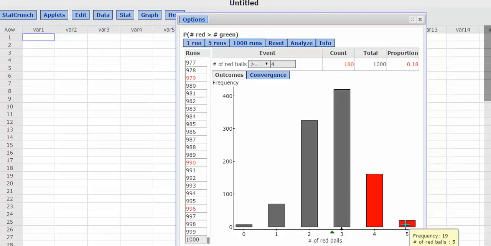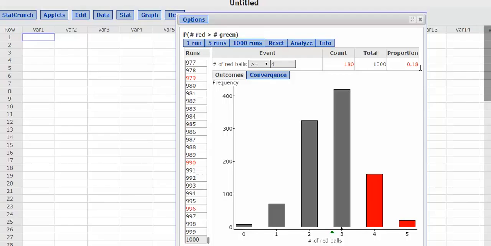So these two added together give us the count of the number of times we did the experiment where the result had 4 or 5 red balls, or more red than green. And that was out of 1,000, so the proportion or relative frequency is 0.18. And therefore, that is our approximation for the probability of getting more red than green.